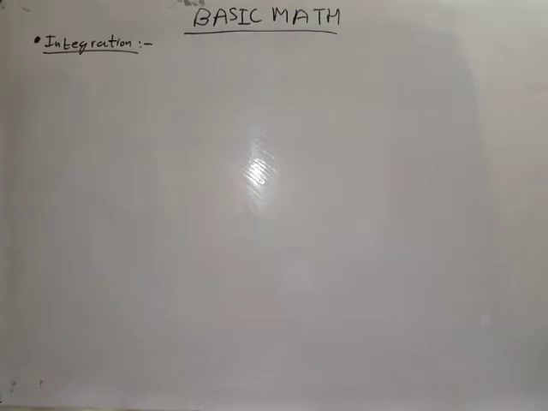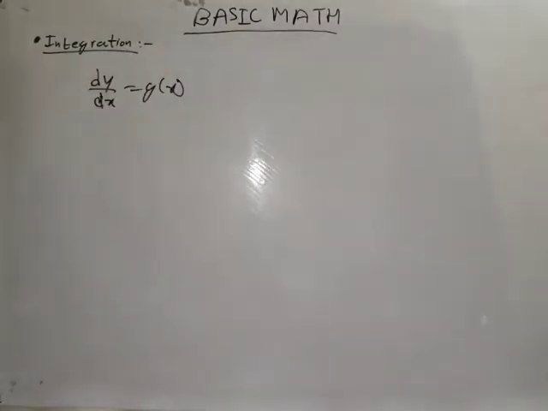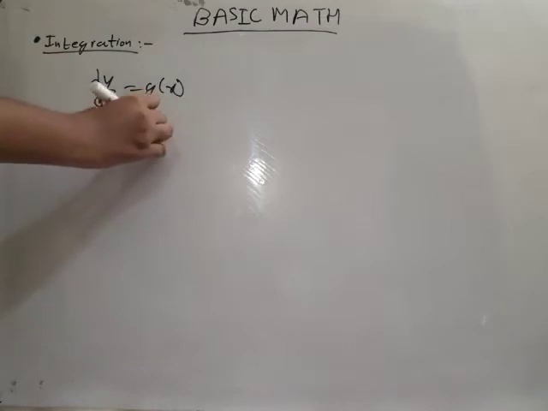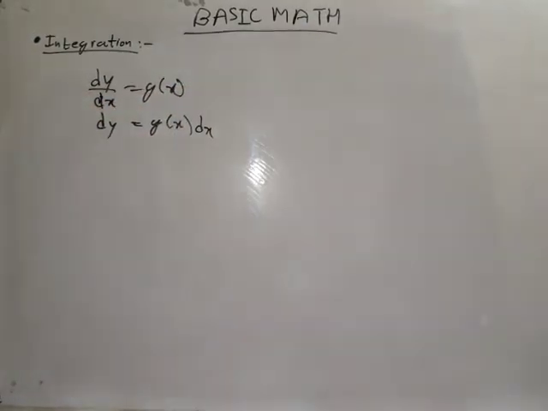Now let us start. How to do integration? What is integration? Suppose a differentiated function is g(x). Now dy, meaning changing y, becomes equal to g(x) dx, meaning the value of the differentiated function multiplied by changing x.